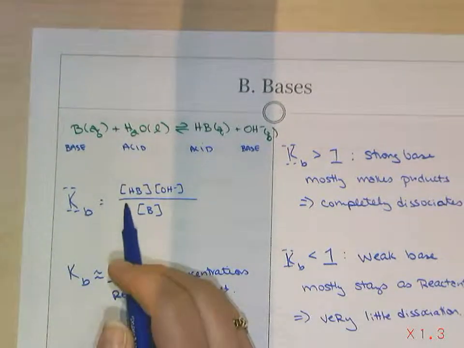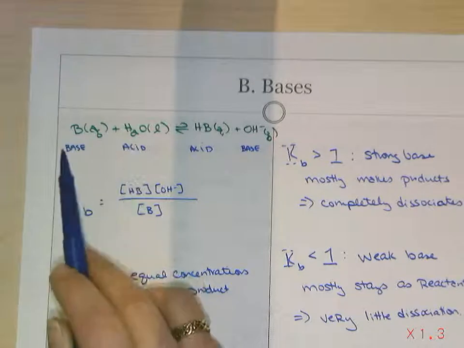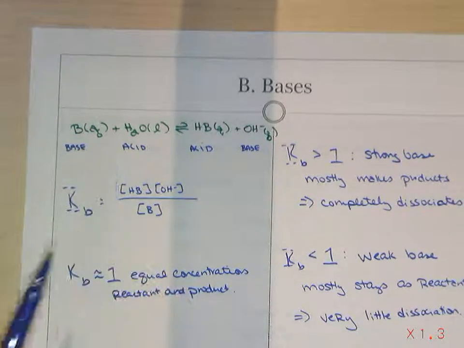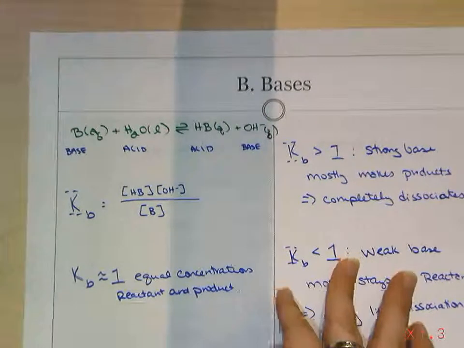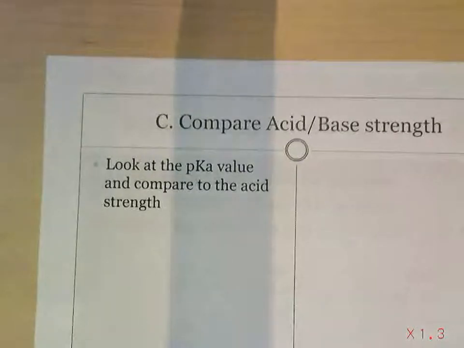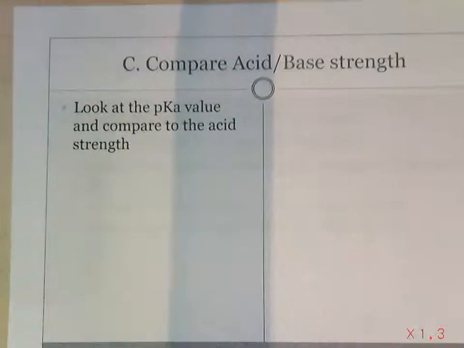You'll have a strong base and a weak acid, or a strong acid and a weak base. If you have two strong things reacting together, you'll make two other products over here. In one slide, we're going to work through the math of how that's true.